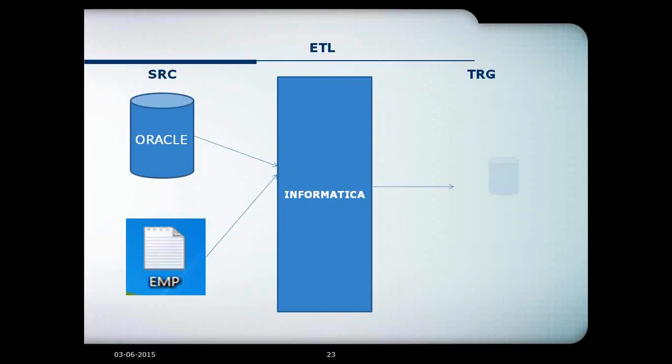Here we use Informatica to transform the data to the target. The target is nothing but Oracle. We have two sources, Oracle and EMP, and we perform the transformations on those two sets of data and integrate them into Oracle. This is the most important reason to use Informatica to integrate the data into the data warehouse.